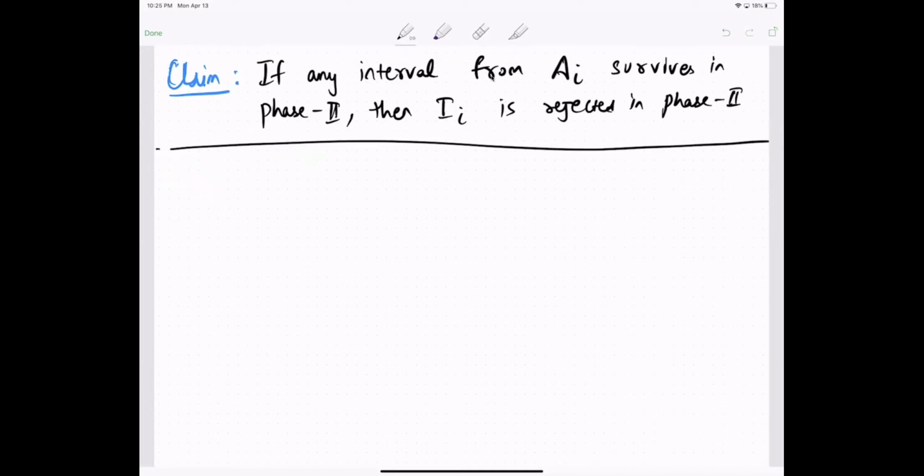In some sense, we want to bound the probability of this bad event happening, right? That somebody from Ai gets picked in phase 2. And we want to say that it won't happen with high probability, right? Not high probability, but yeah, we'll show you that.